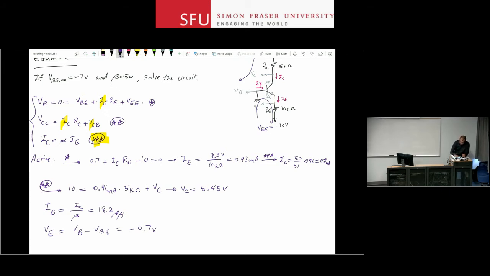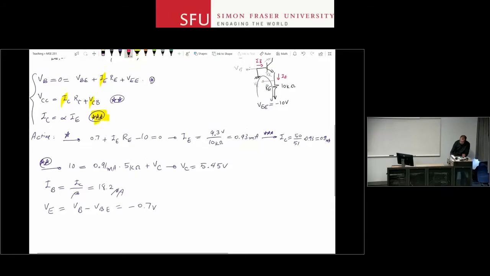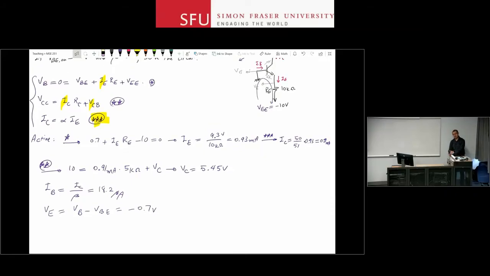So go back, check VBE. Can it be 0.7 volts? Yes, in that circuit it can be. You can accommodate 0.7 volts on that diode, so that is okay. BE on, like the diode circuits that we've done before. But I need to check BC. So I calculate the BC diode. VBC is 0 minus the collector voltage I have here, 5.45 volts.